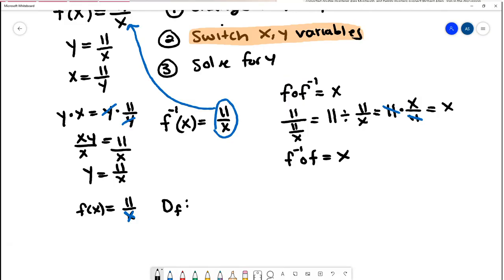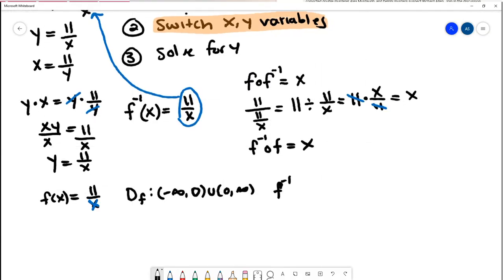The domain of f is -infinity to 0, union with 0 to infinity. The domain of f inverse is the same function, 11 over x. So the domain of f inverse is -infinity to 0, union with 0 to infinity.